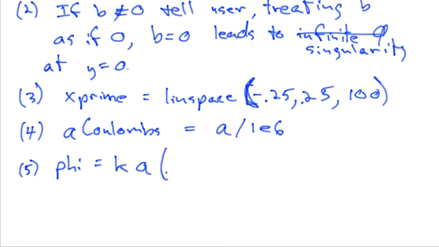oh, that's exactly the whole reason I wanted to copy this down rather than just evaluate that formula, because I wanted to get A coulombs.